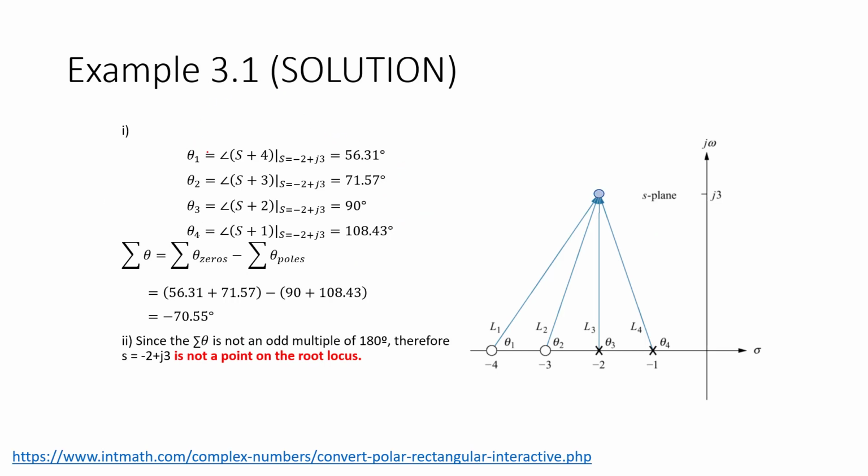First you need to find all the angles of the poles and the zeros. This is the phase criterion.